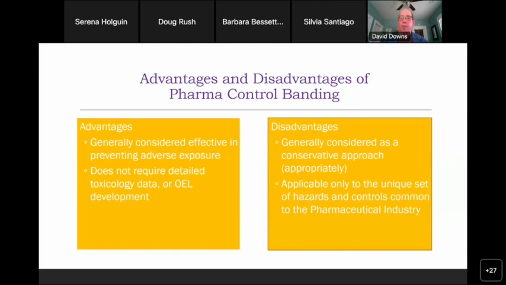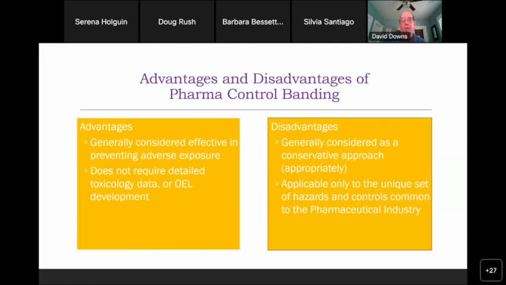But when we're talking about control banding and the types of controls, those are generally applicable to pharmaceuticals. They may also be used in some cases in just general chemical manufacturing as well. But it'd be hard to transfer that type of approach to some other completely different manufacturing process. There would just be a different set of controls that would need to be considered in those cases. So that's advantages and disadvantages to control banding.